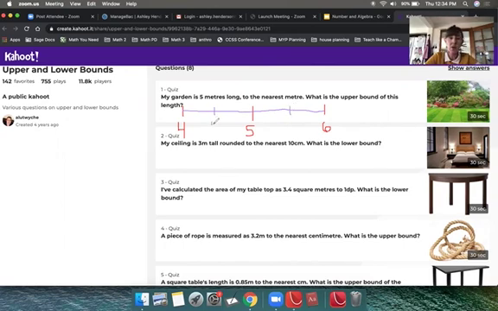So at 4.5 here and 5.5, this is the window of possibilities. Their actual garden could have been somewhere between here and here, but we rounded it to the nearest meter, therefore it's 5. So the upper boundary of this is 5.5. This is a pretty straightforward example.